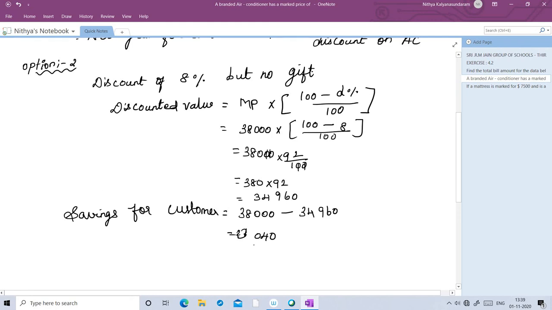Compare 3,000 and 3,040. 3,040 is greater, so option 2 is better. Compared to option 1, option 2 is better because we got savings for the customer of rupees 3,040.